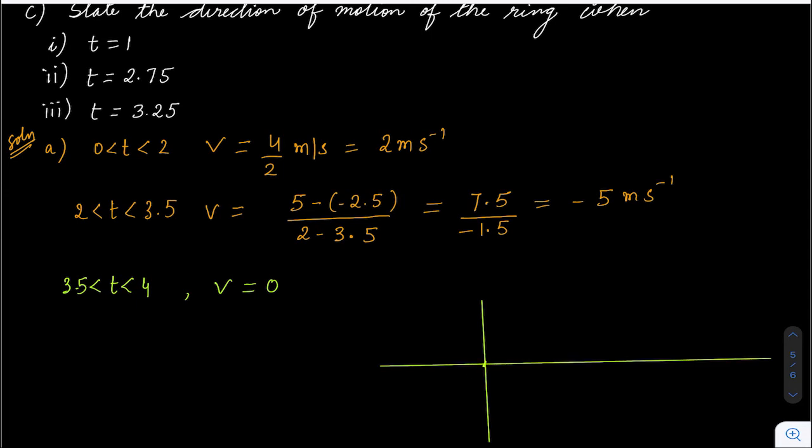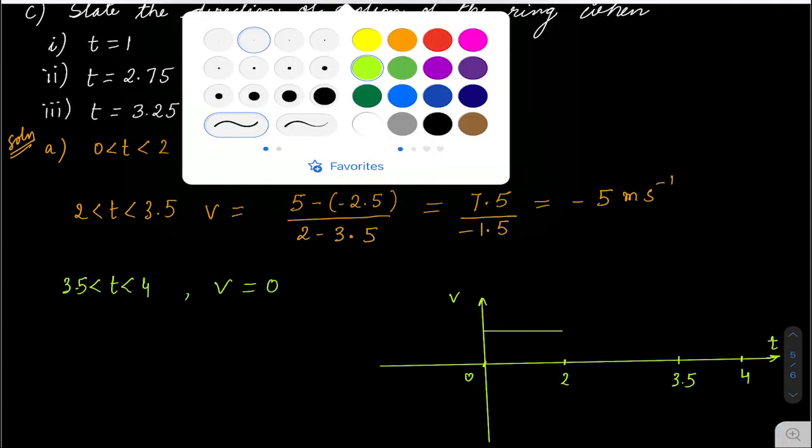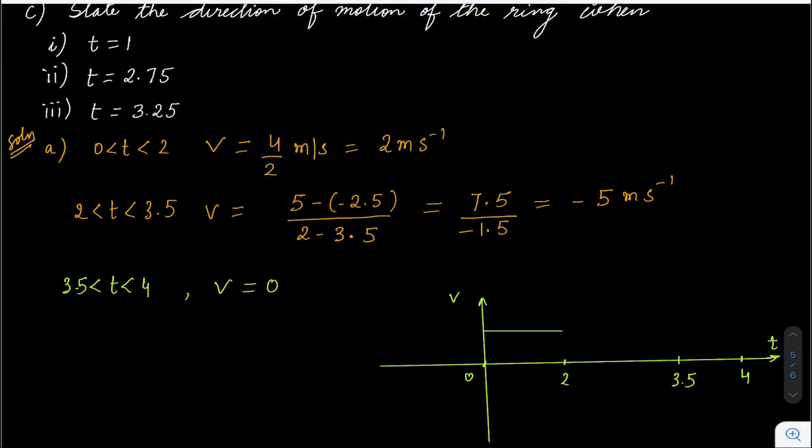So this is 0. Let's say this is 2. Let's say this is 3.5. And let's say this is my 4 value. So this is my time. This is my velocity. So 2 meters per second, so this is 2. And then after that, my velocity is minus 5.